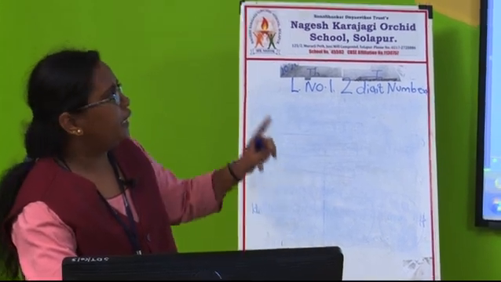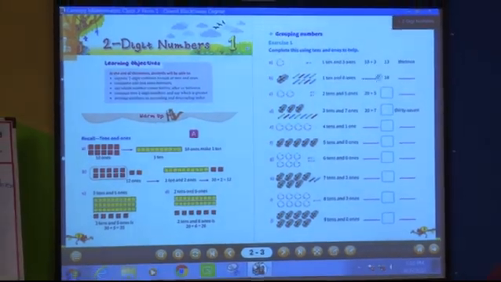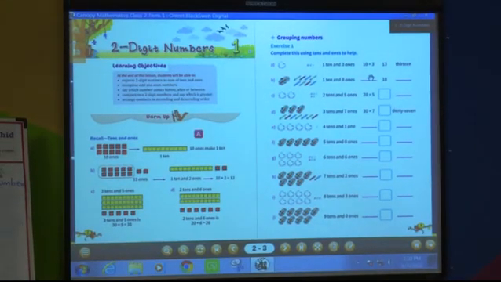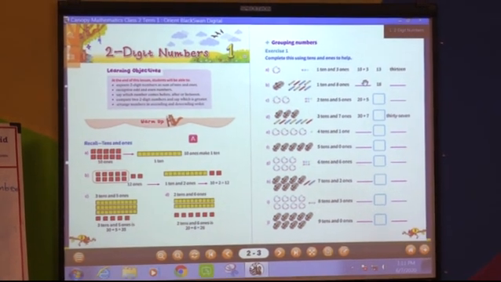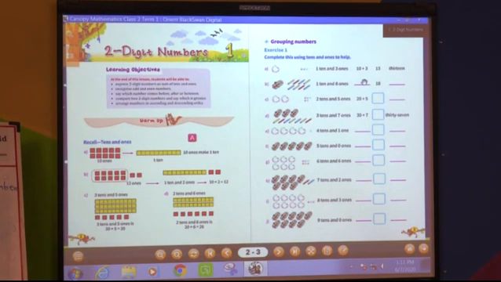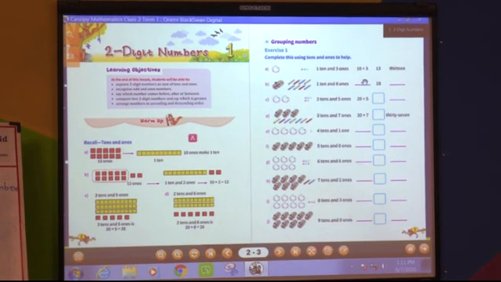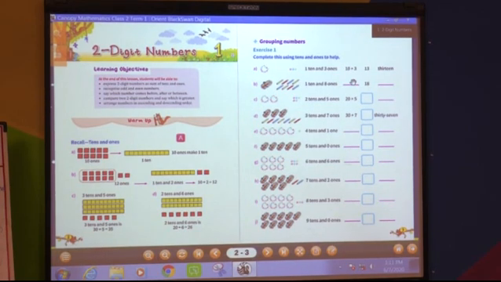Okay. Then next you can see the second one, 1 ten. Here what will you write? Yes, 1, 8, 18. 10 plus 8, that is 18.